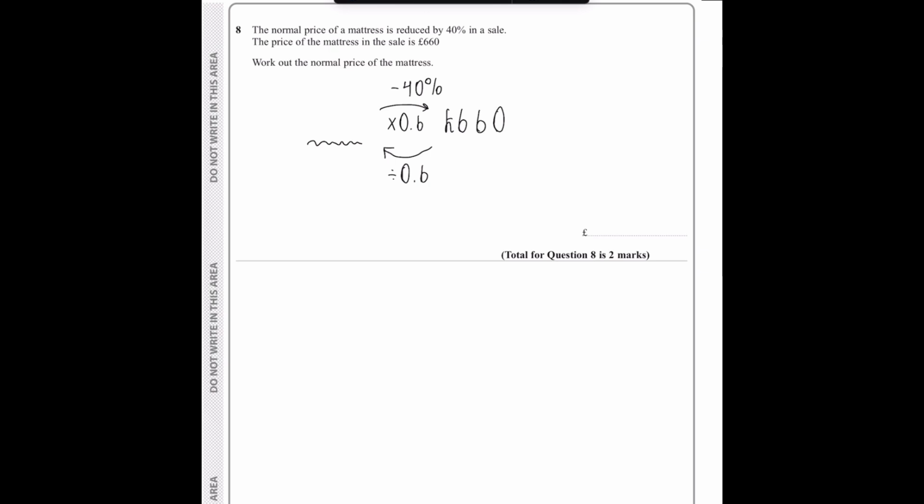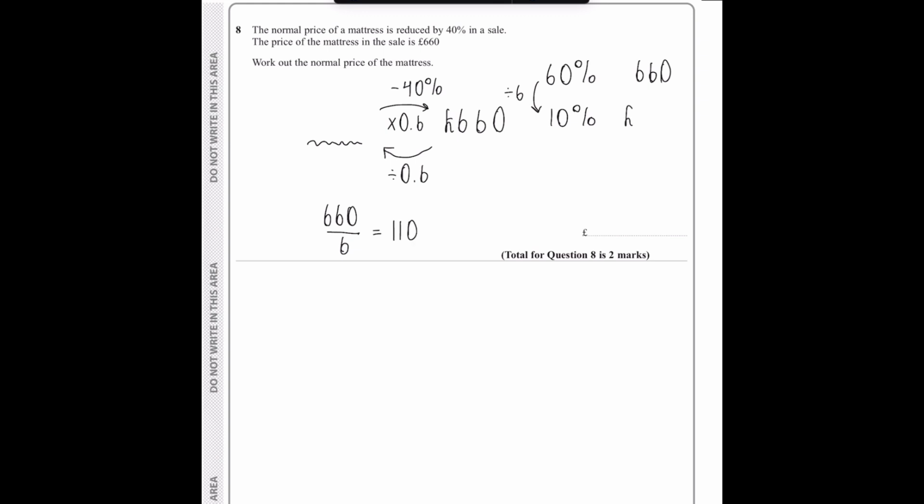Another way we could do this is think that 60% of the original price is 660. So in other words, could we find out what 10% is? To go from 60% to 10%, we divide by 6, don't we? So if we divide 660 by 6, that gets us 110.